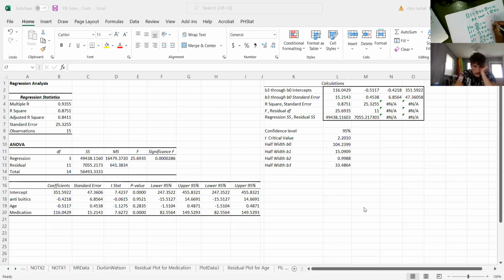What we need is for it to be below 0.5. When we look at our p-value, it's 0.95, which means what? It's not below 0.5, which means that's not even a slope. Antibiotics is not even a slope. As you increase antibiotics, it does nothing.